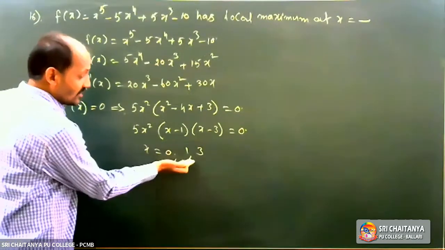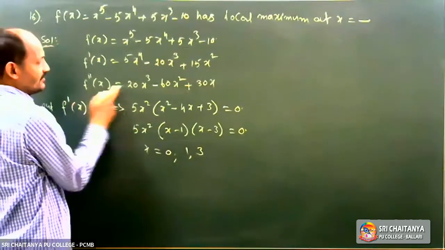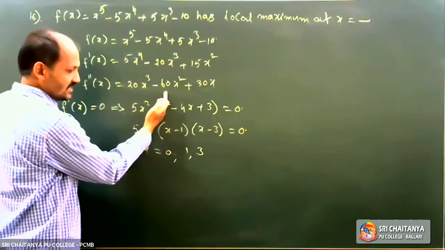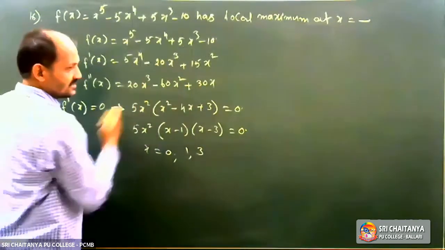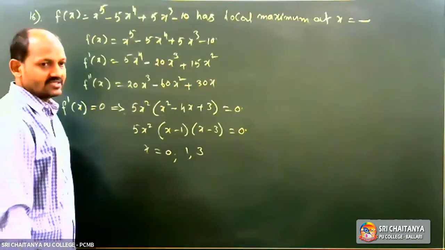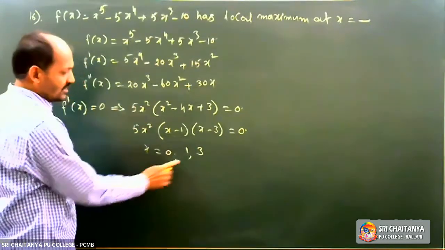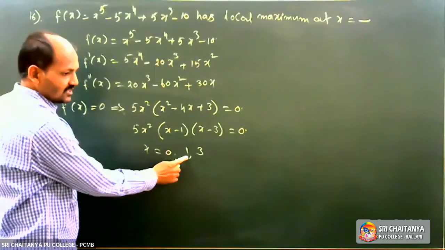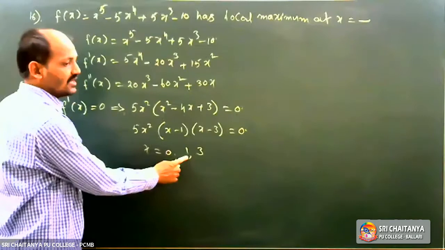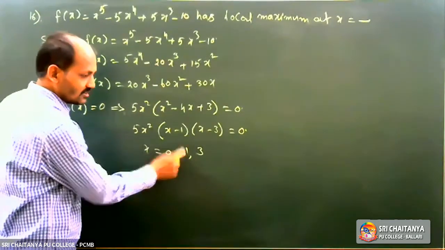At x equal to 1, the second order derivative is 20 minus 60 plus 30, 20 plus 30 is 50, minus 60 is minus 10. So the second order derivative is negative at x equal to 1, which means the function has a maximum at x equal to 1.